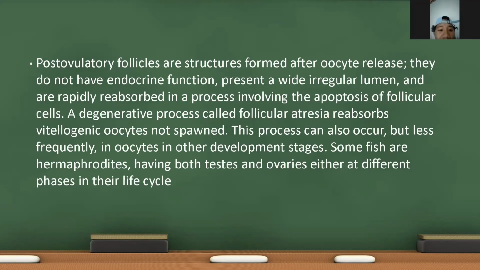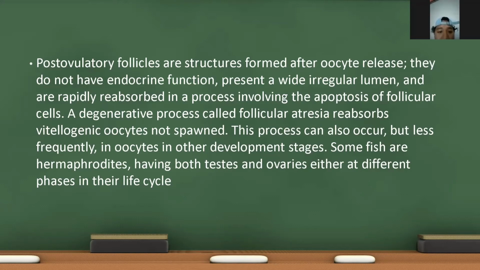Postovulatory follicles are structures formed after oocyte release. They do not have endocrine function, present a wide irregular lumen, and are rapidly reabsorbed in a process involving the apoptosis of follicular cells.